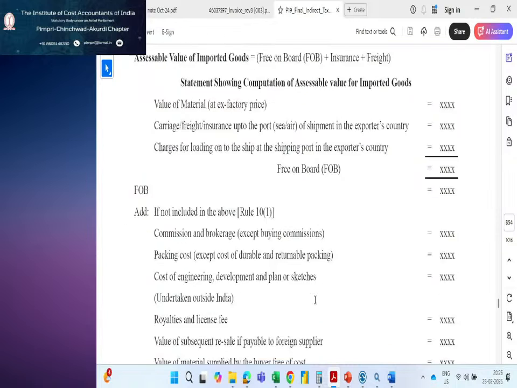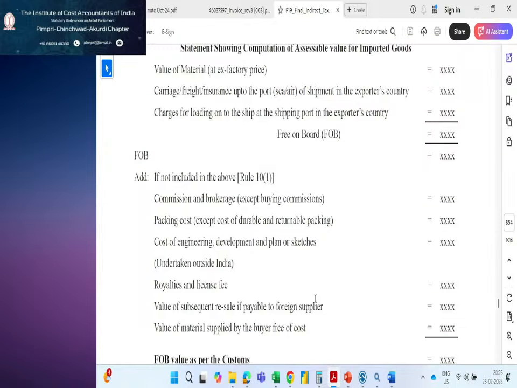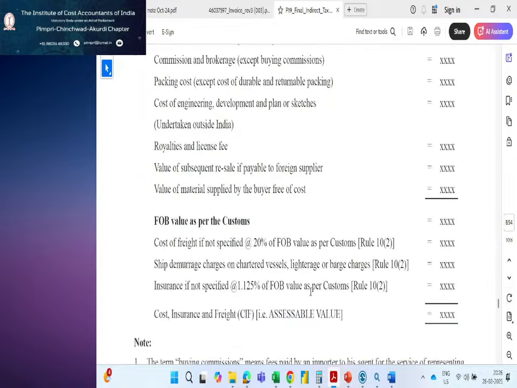So what are the items we consider? The FOB as per customs, and the last one is we are deriving cost plus insurance plus freight. Once we derive FOB as per customs, we have to calculate the freight and the insurance portion.